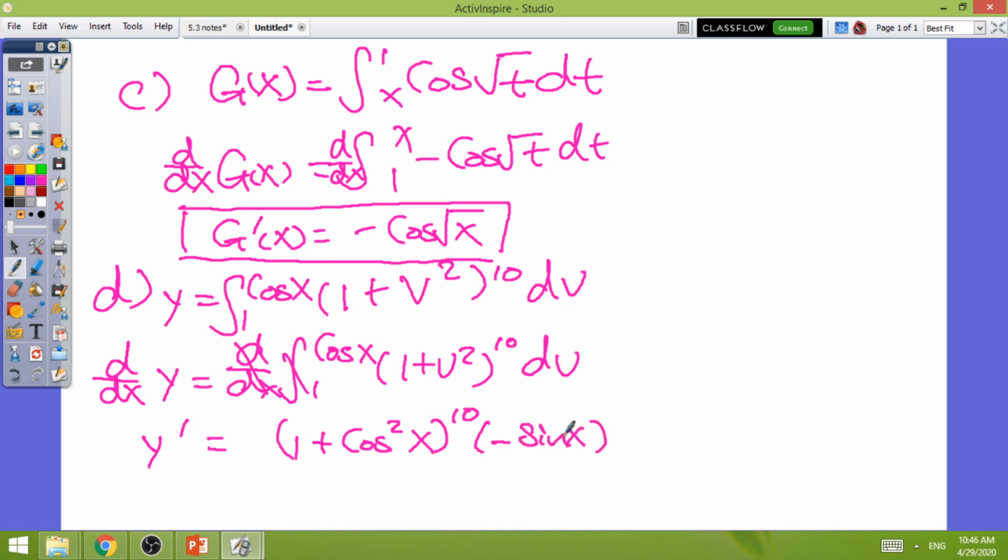The reason I take the derivative of the boundary is that this is part of the chain rule. The inner function, the one we replaced the variable with, is cosine of x, and its derivative is negative sine of x. The derivative of 1 is 0, so there's no need to worry about it. We don't multiply by 0, we just multiply by the derivative of the brand new function. So this is y prime for D.